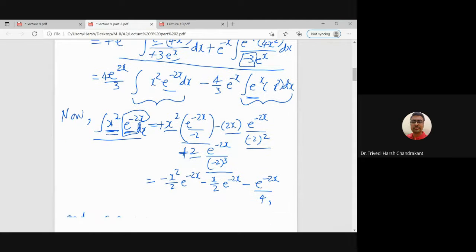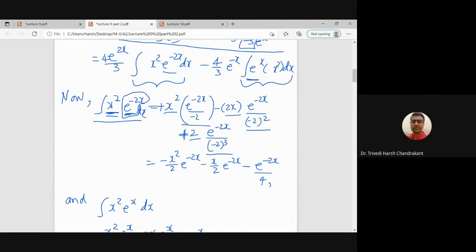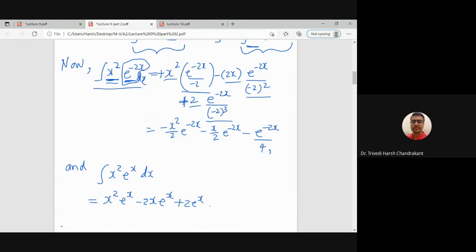You may know this formula, but actually we are using the generalized integration by parts formula. Then if we simplify, all of this will become this term.